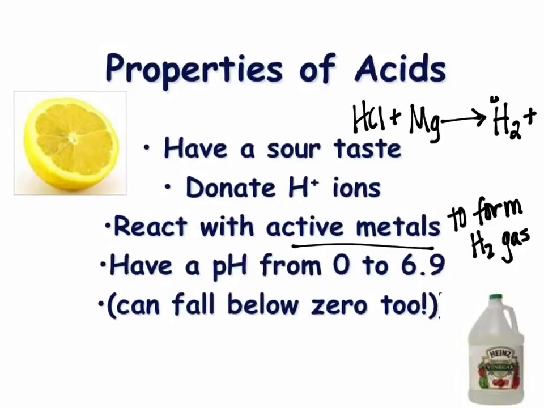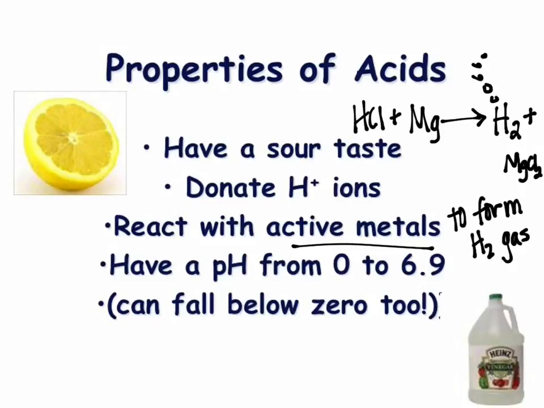It starts bubbling up out of our reaction. And then we're going to get magnesium chloride as our solid. pH goes from 0 to 6.9, or can fall below that 0.